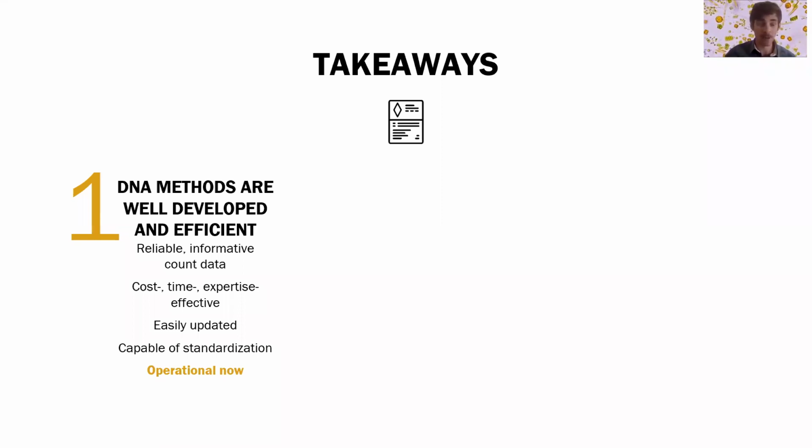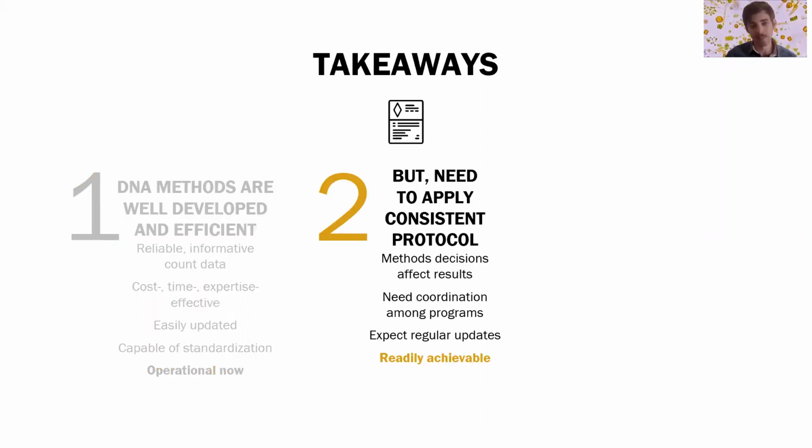The methodologies are there. We just have to do a little bit more legwork at applying a consistent protocol, because there are different decisions along the DNA processing pathway that can affect results.